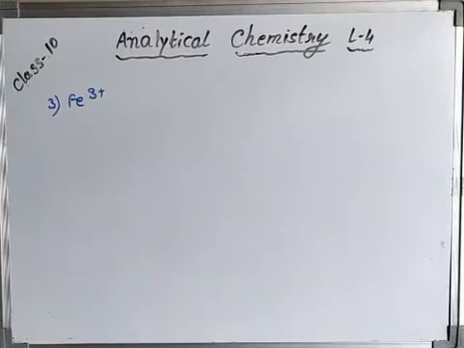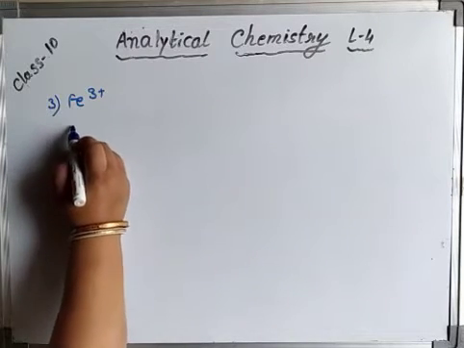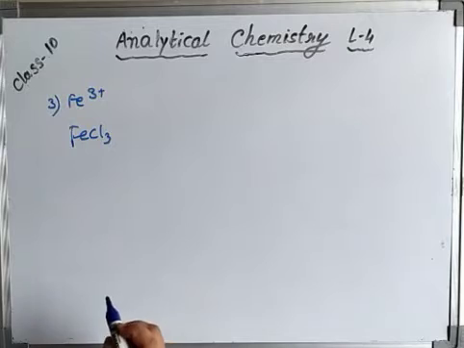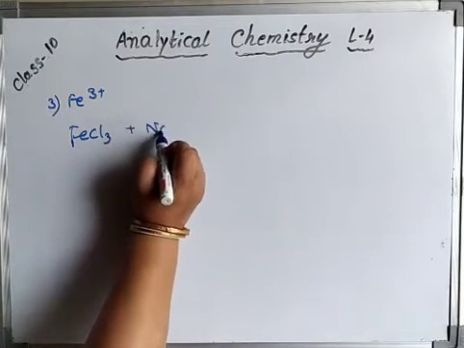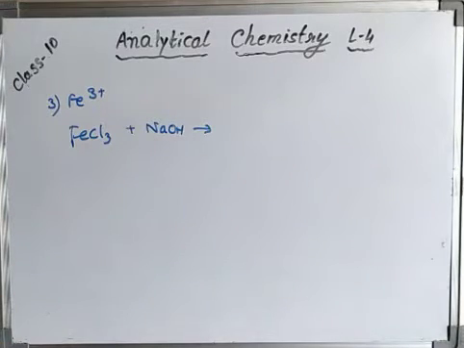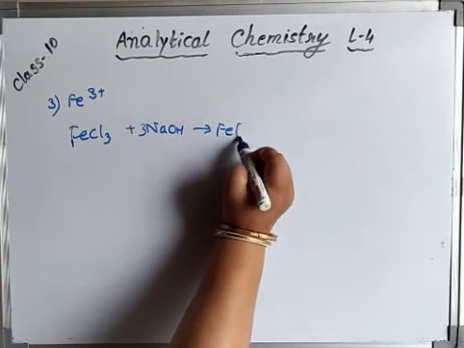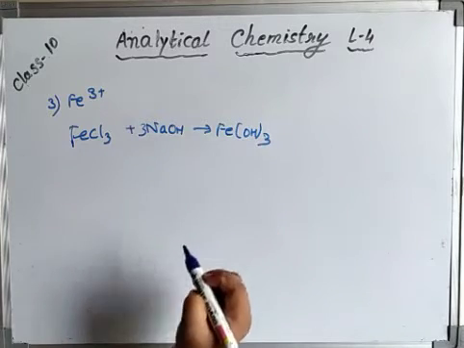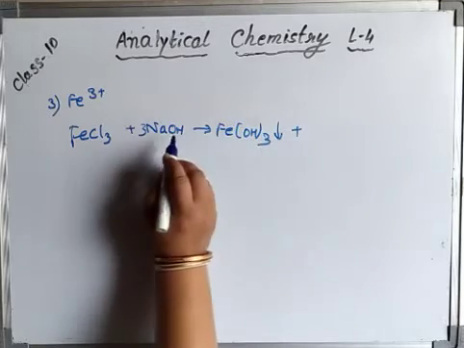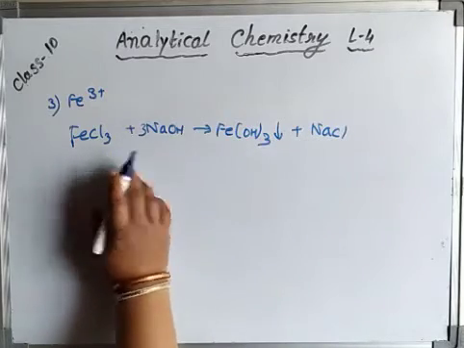Ferric salt. With the ferric salt, we will see how the ferric ion changes. So let us see with an example. FeCl3, ferric chloride, plus again we will give NaOH. Fe(OH)3 will form, it is a precipitate, plus 3 NaCl.